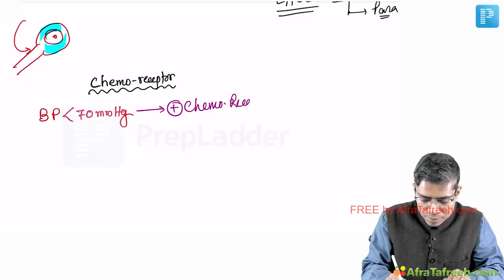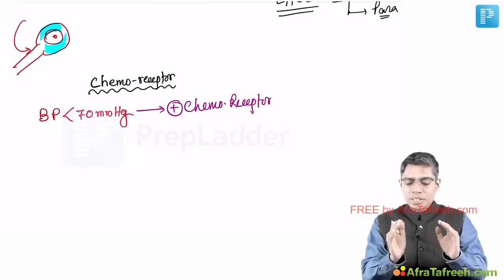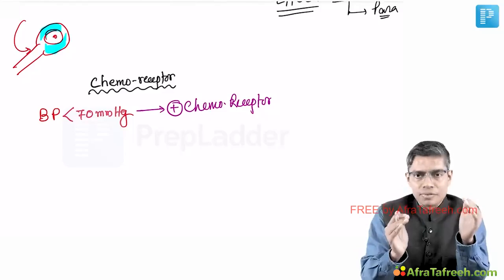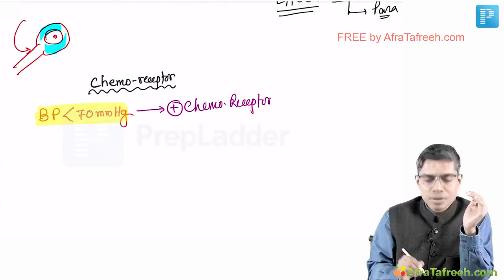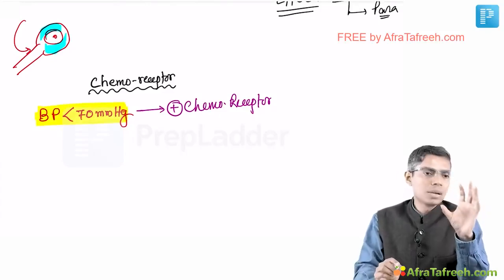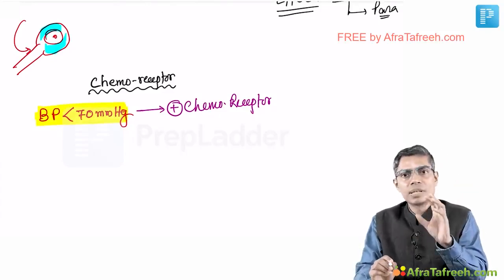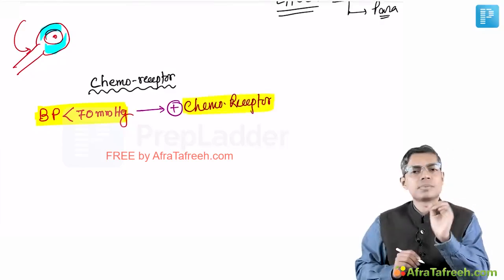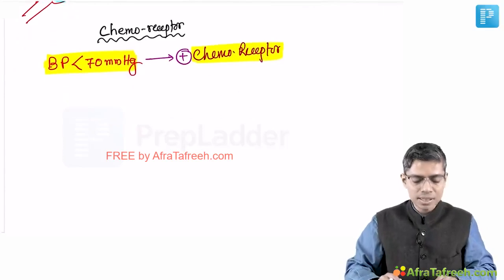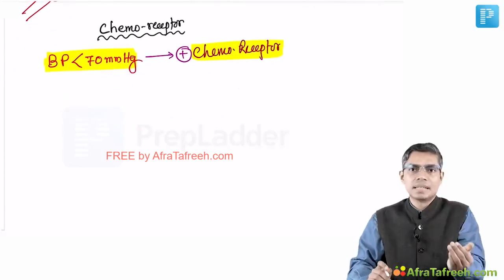Getting my point? That's why I'm saying that blood pressure should be very low. Very low means what is the range? The range is it should be below 70 millimeter of mercury. Then and only then will the local hypoxia and local hypercapnia be created surrounding the glomus cell, and that will activate the chemoreceptor. So blood pressure can also activate chemoreceptor indirectly.